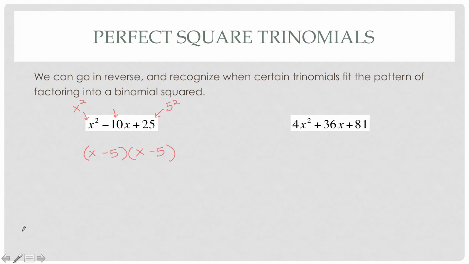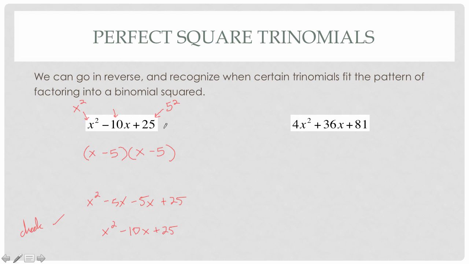Well, I'm going to check that out here by multiplying. X times x gives me x squared. X times negative 5 gives me negative 5x. Negative 5 times x gives me another negative 5x. And negative 5 times negative 5 gives me plus 25. When I combine my middle terms, look at that. I get right back to where I started by checking.